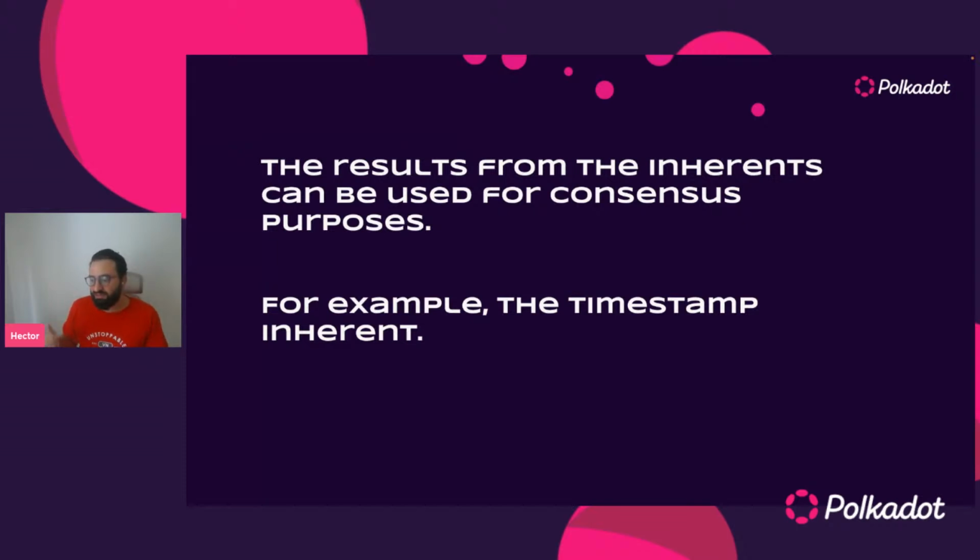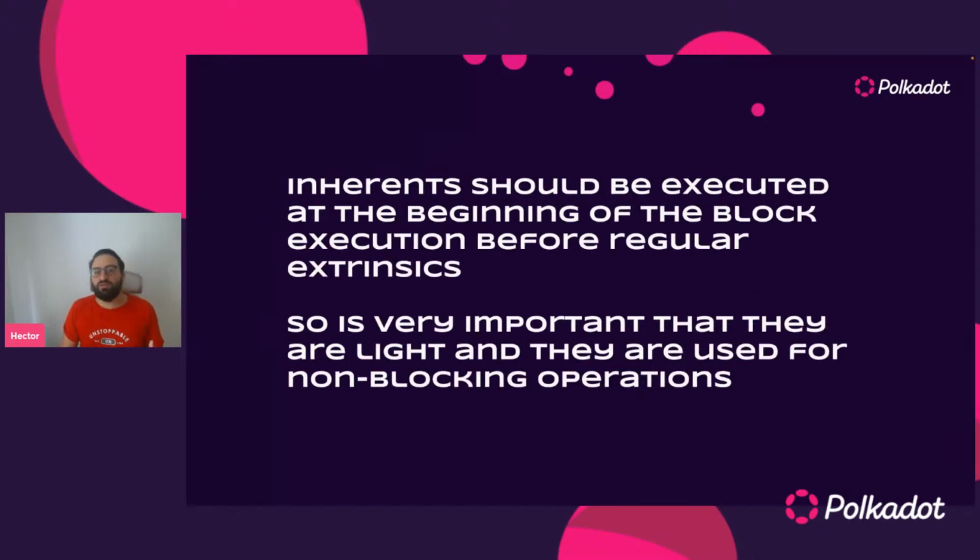So the node executes the process of this inherent, which might be, for example, getting the current timestamp of the server, and through the runtime API it will publish that into the runtime, and the runtime will process this and maybe use it for something related to consensus, or maybe not.